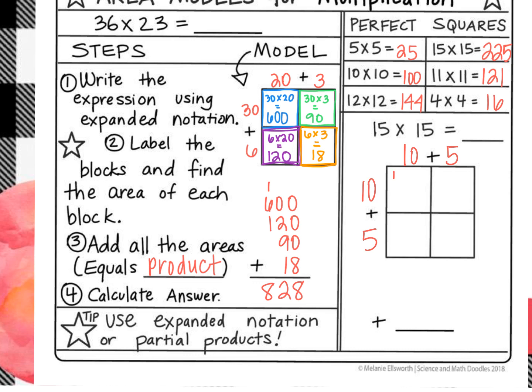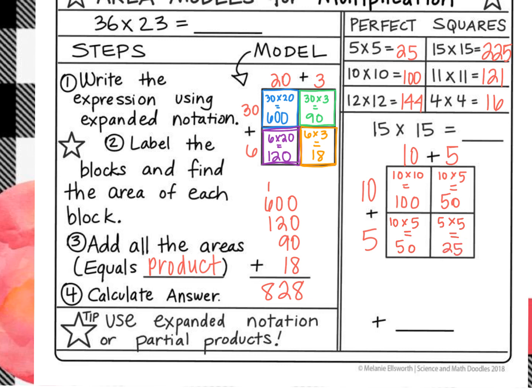So then we can do 10 times 10 for this first square, which equals 100. Now for this square over here, I want to do 10 times 5, which is 50. For the bottom left corner, 10 times 5, which is 50. And then the last one, I have 5 times 5, which equals 25.